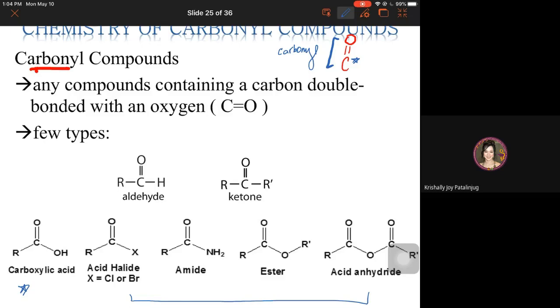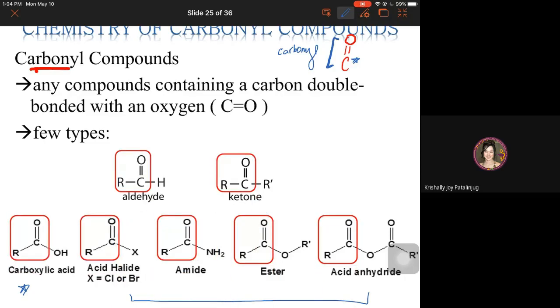Now, I want you to observe the common parts of the following carbonyl compounds. Di ba, meron silang common. Then meron din silang differences. All of the carbonyl compounds presented in this slide contain an acyl group.